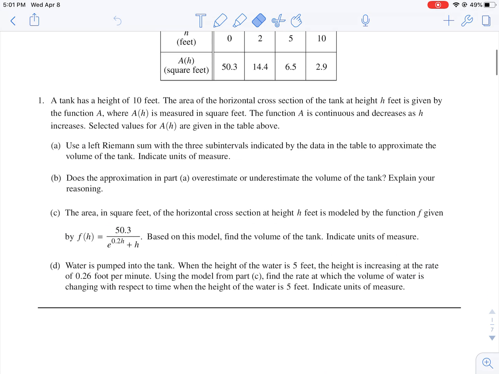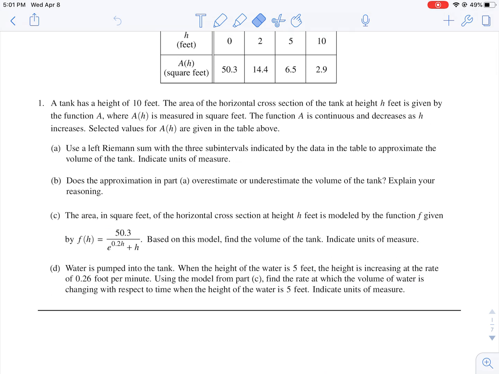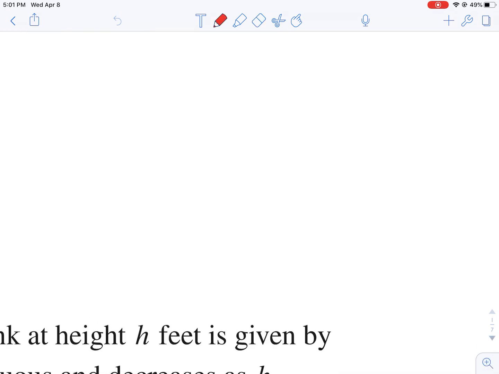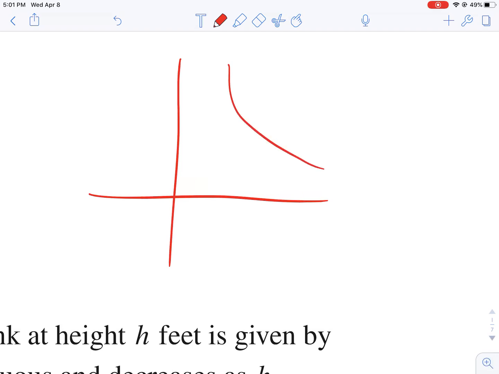Okay, and then on part B, does the approximation in part A overestimate or underestimate the volume of the tank? So since A is a decreasing function, that means the graph looks something like this, as I had somewhat drawn earlier.